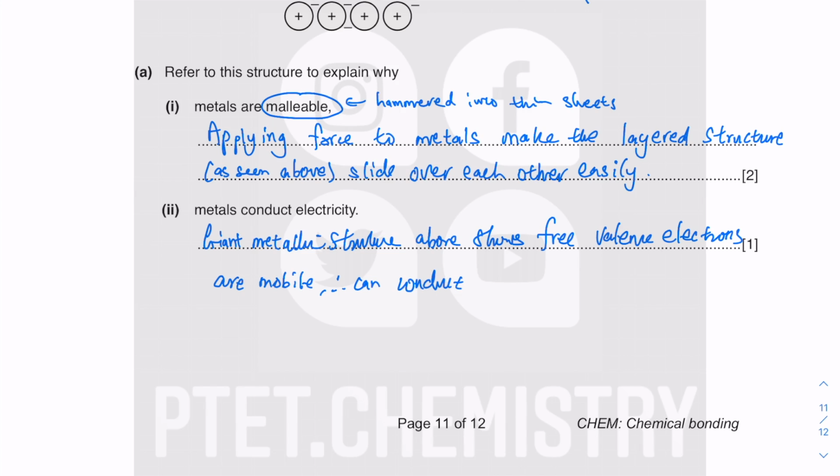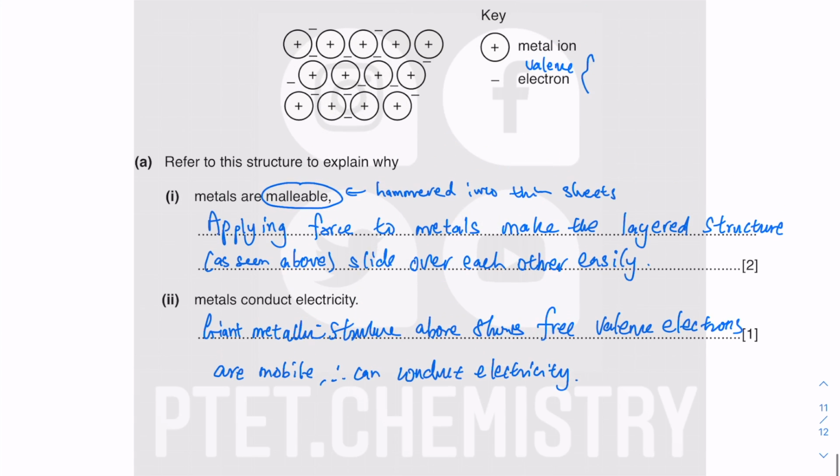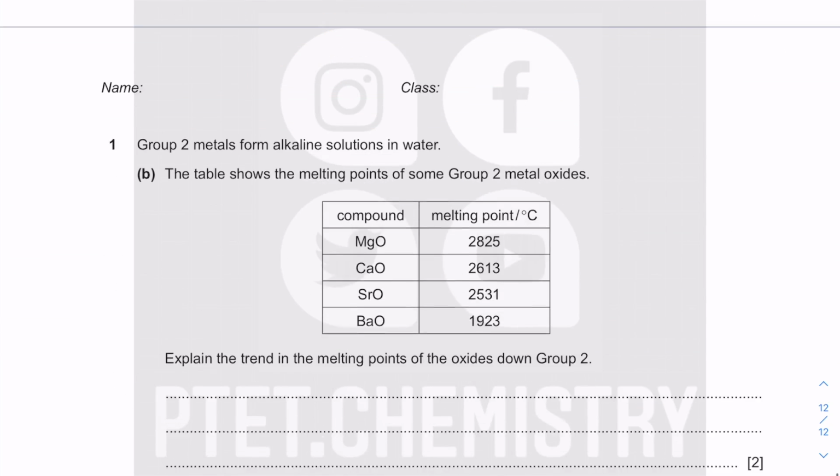Electricity is to do with current, and current is a flow of electrons, so if you have free electrons, in this case, then you can conduct electricity. In the case of ionic compounds, when you're aqueous or in the liquid state, you have free ions, and they can also conduct electricity.